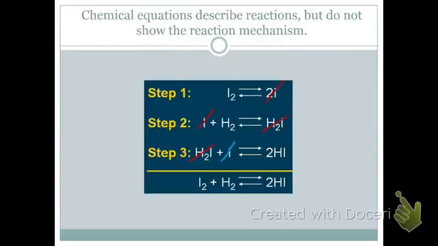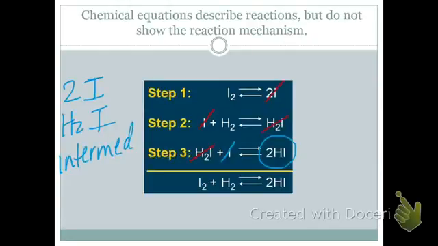Then that reacts with hydrogen, and we get this H2I, and then the H2I reacts with another iodine, and that's how we get this final thing. So in this case, 2I and H2I would be your intermediates. Okay? Because they are created and then used up in subsequent steps. So our final net would be this one right here. So this would be your overall net.